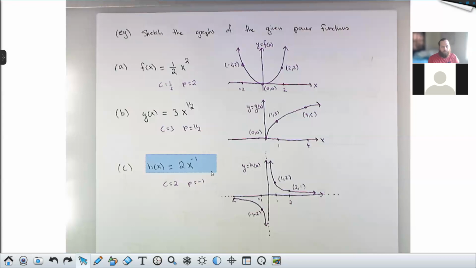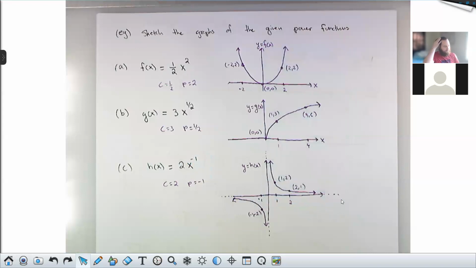And with h of x, if this negative power here is odd, right? X to the negative 1, 1 is odd. If that was an even power instead, this branch down here on the left would actually be up here instead. But the quadrant 1 pictures, these are pretty complete.